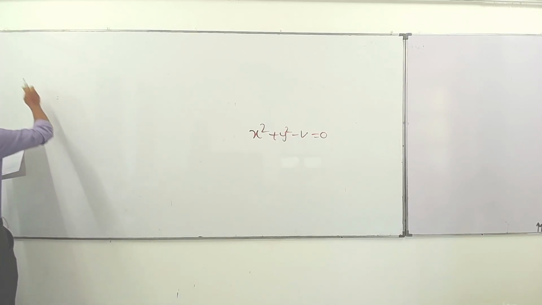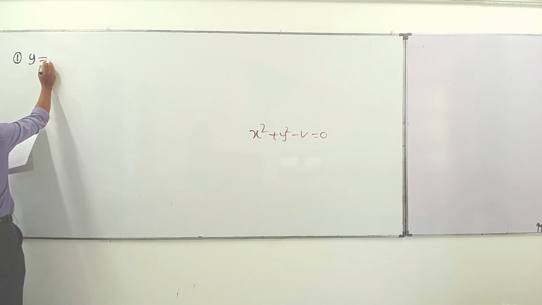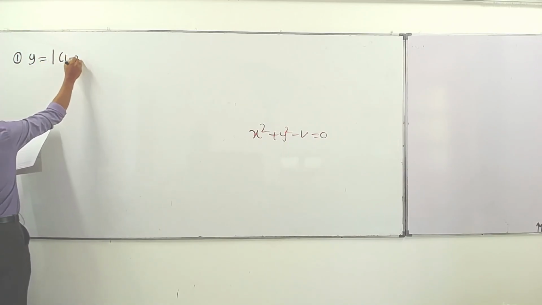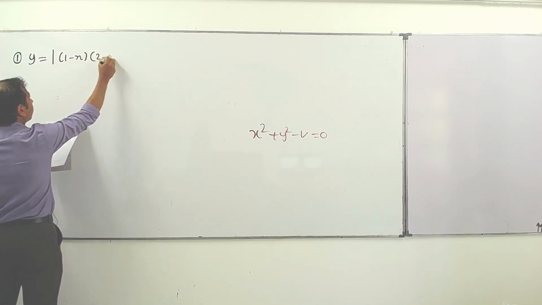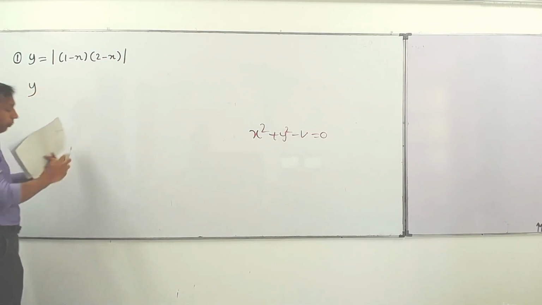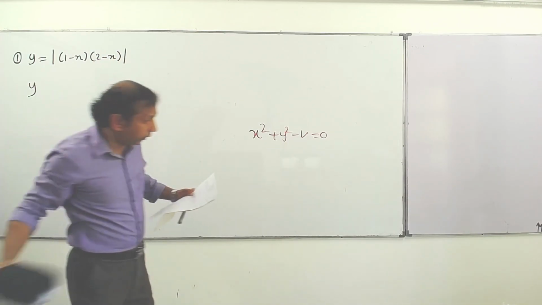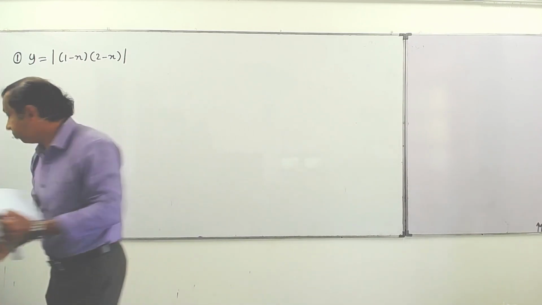Right, first thing is this graph we have to sketch: y equals modulus of (x minus 1)(x minus 2). Okay, first of all, we'll draw the graph without the modulus.